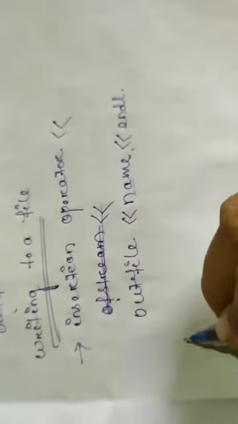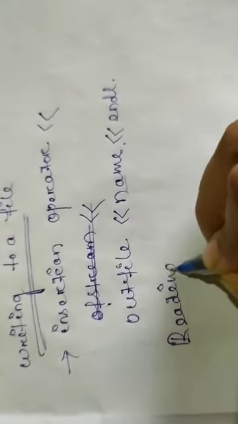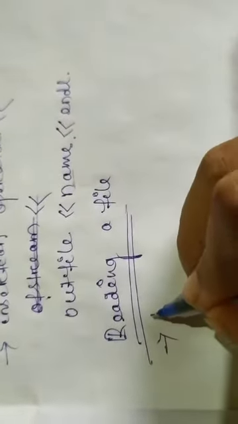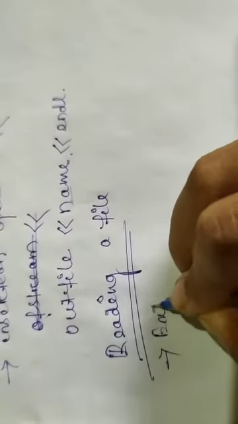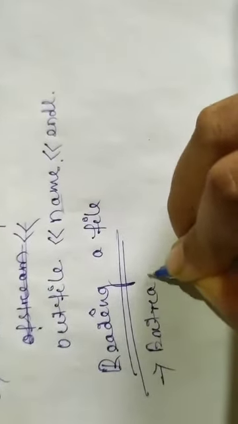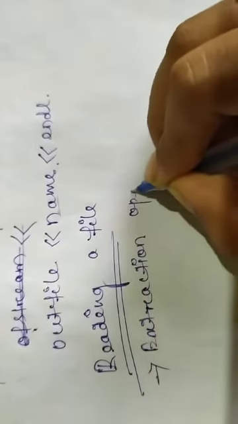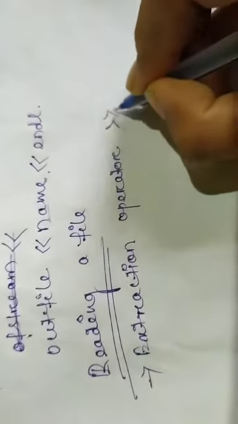Okay, so let's see how you can read a file. Reading a file can be done by the extraction operator. The extraction operator is like this.